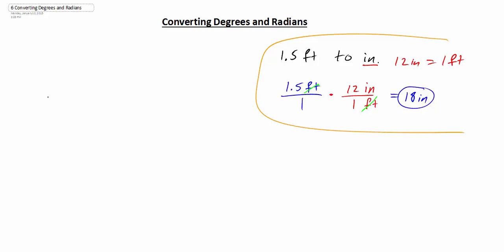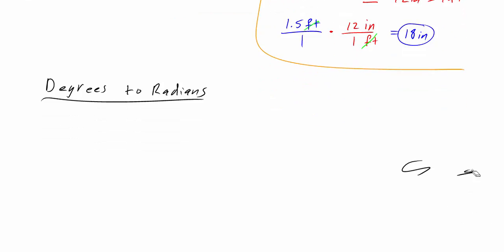So here, if we want to go from degrees to radians, we need to know what is the relationship between the two. Well, we know that in terms of degrees, pi is our radians, and what is equal to that?